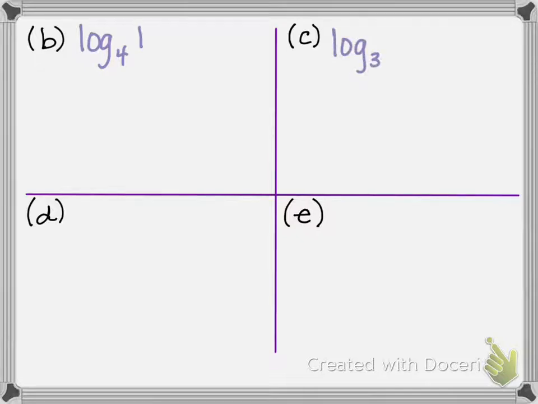Log base 3 of 27. D is going to be log base 2 of 1/4. And the last one is log base A of A to the X. Okay, so go ahead and pause and work these out for me, and then we'll go over them together.